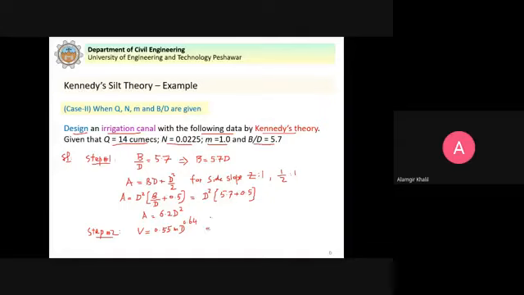Now in this equation m is given as 1, so this will be equal to 0.55 into D power 0.64.